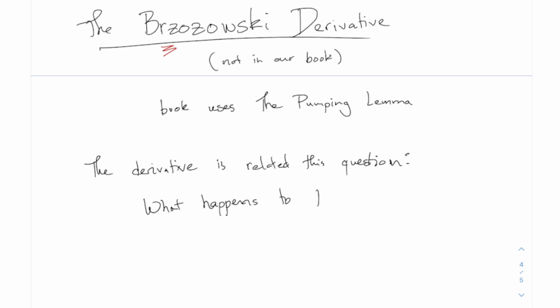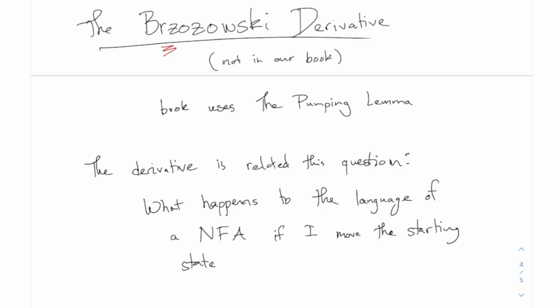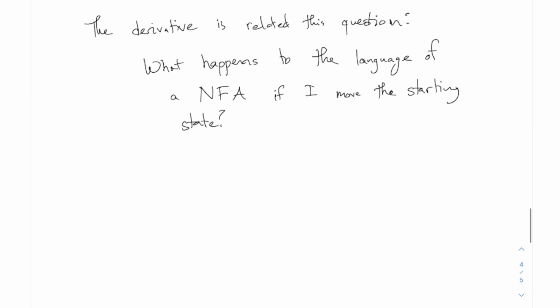What happens to the language of an NFA or DFA, it doesn't matter, if I move the starting state, but keep everything else the same? This is not a question that we've ever asked, and by itself is not obviously a useful question. It's sort of a curiosity, I guess, but it turns out this is important. So here's an example. Actually, what I'm about to draw is a DFA. It doesn't really matter.